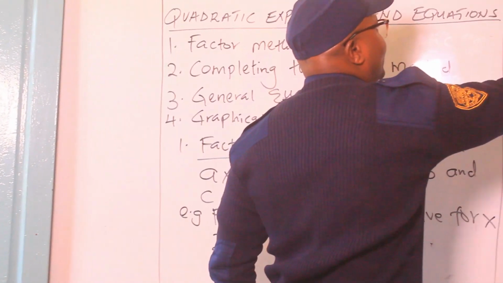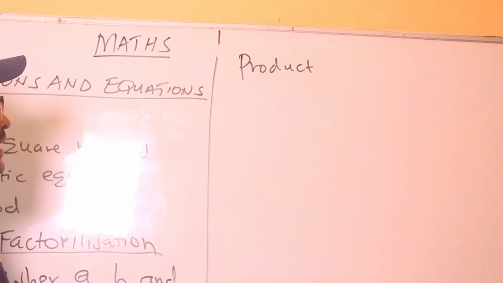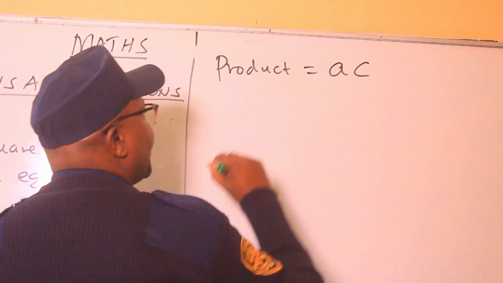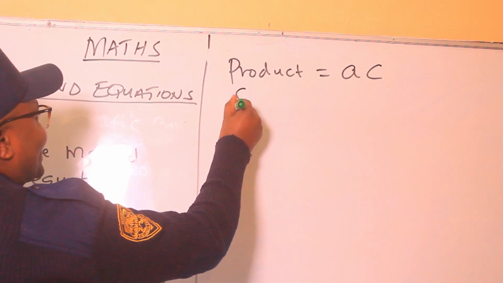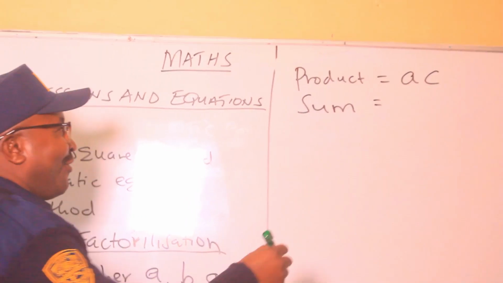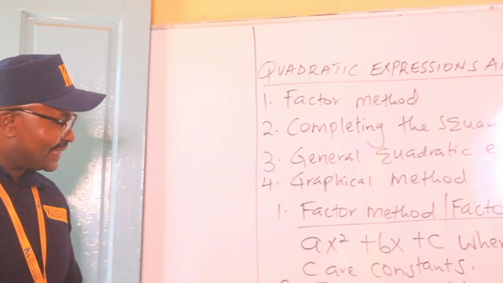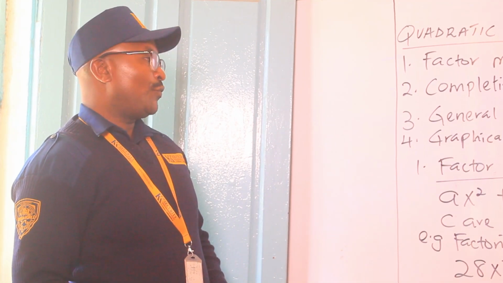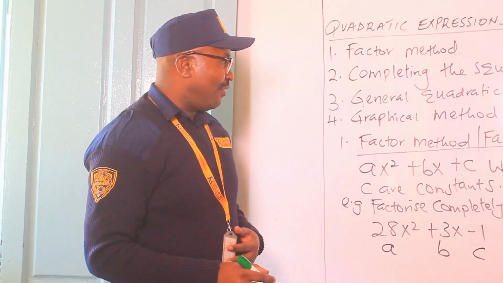You get the product, and the product, you take a and you multiply it by c. Then from there, you get the sum, and the sum is the value of b. Now, in our quadratic equation, we take the value of a and multiply with the value of c.